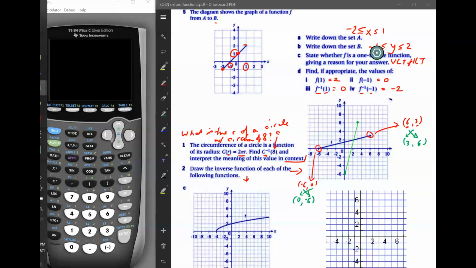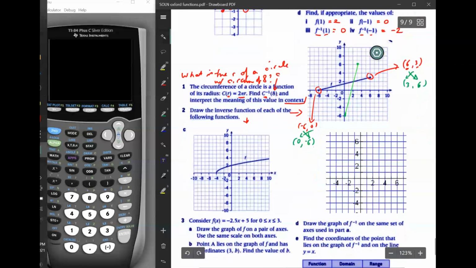Okay. In order to not get confused, you could maybe get used to one method. So you could just use the regular function to figure out the inverse function values. And when they ask you to draw the inverse function, just use the rules that I just told you to draw it. But otherwise, just use the original function for everything. Okay, but figure out your own way.